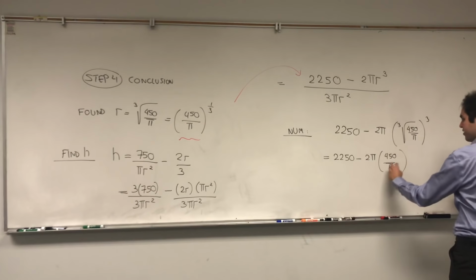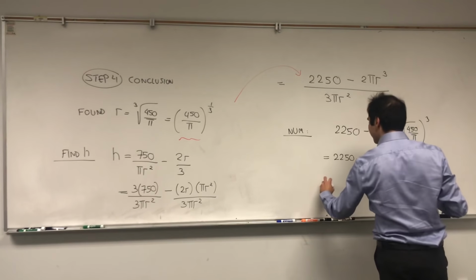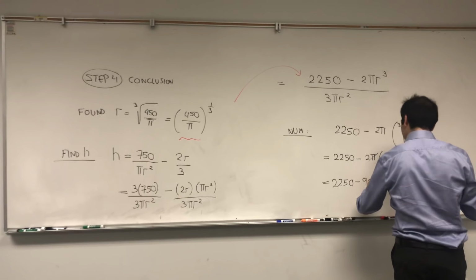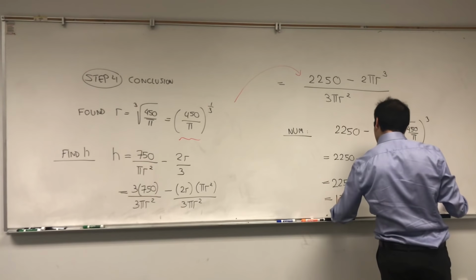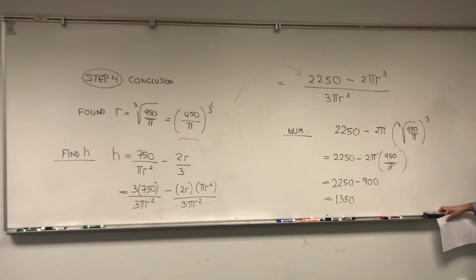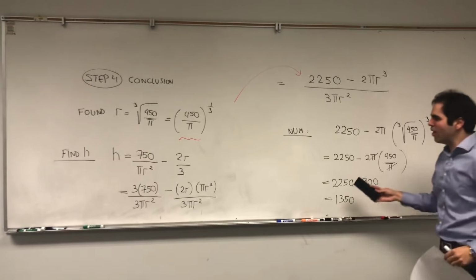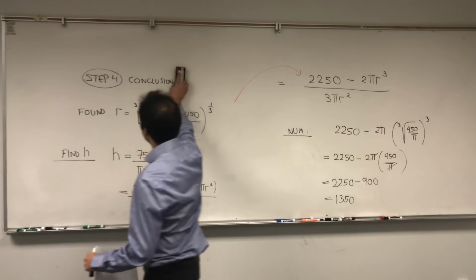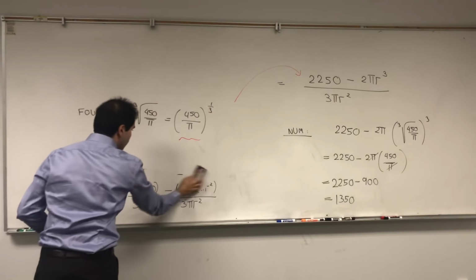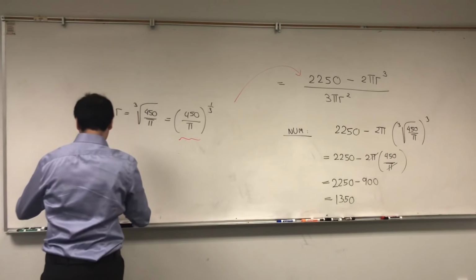That's quite nice. The pi's cancel out. And you get 2250 minus 900, which I believe gives you 1350. I was very surprised by that, but you'll see it's quite crucial in a second. So that was the numerator, and now let's focus on the denominator.